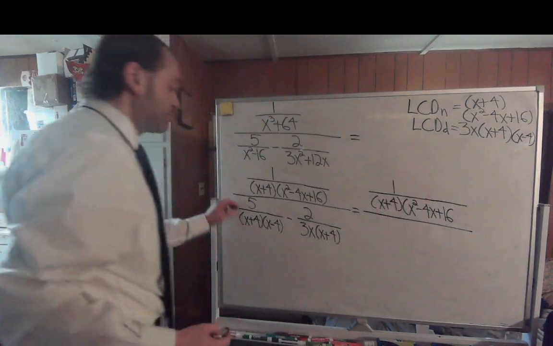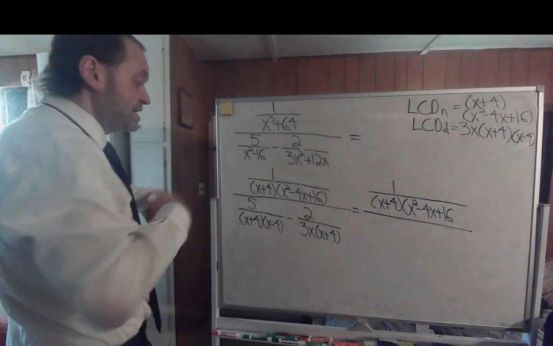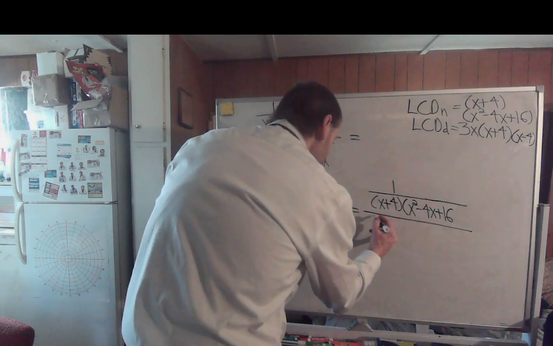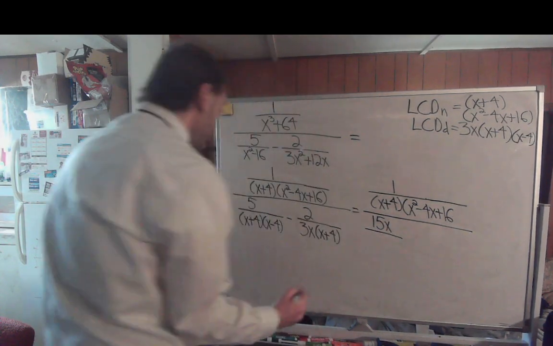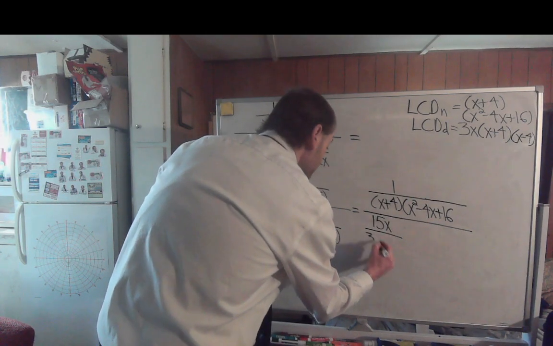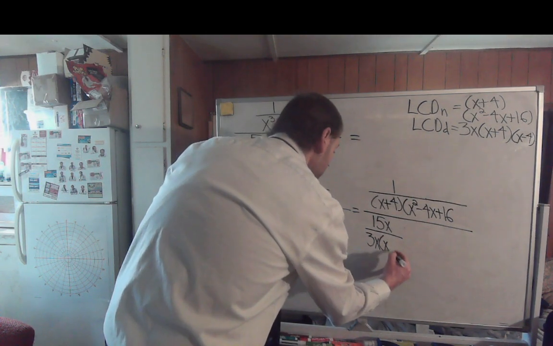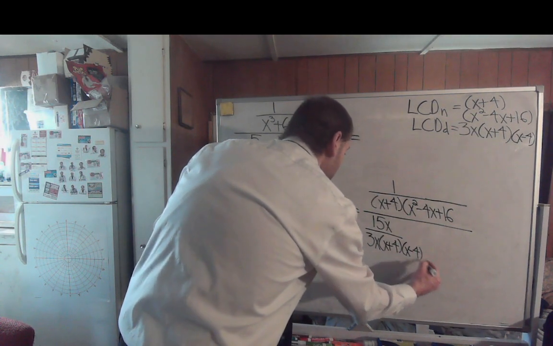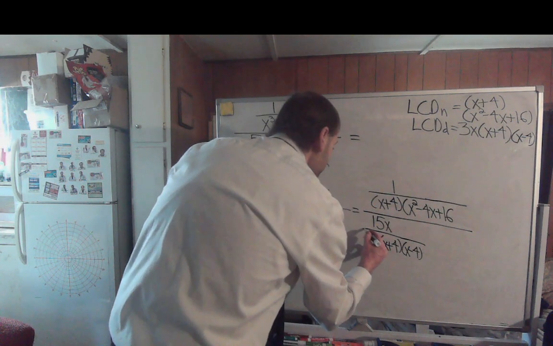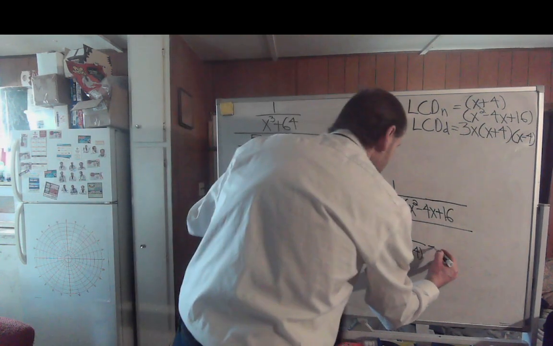So that means we got to multiply both numerator and denominator by 3x. So this would turn into 15x over 3x times x plus 4 times x minus 4 minus your second term.